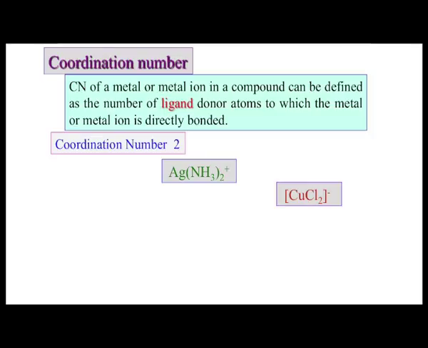So, this cuprous chloride is also like our silver. That means you have a linear arrangement of 2 chloride groups attaching to your copper center, which is not true for silver. Silver forms silver chloride, but it is not so easy to get AgCl2 minus over there.